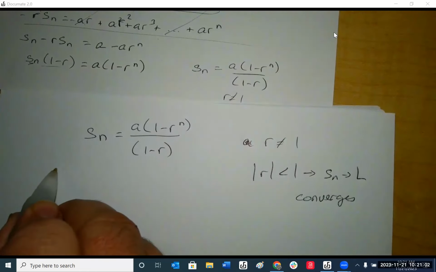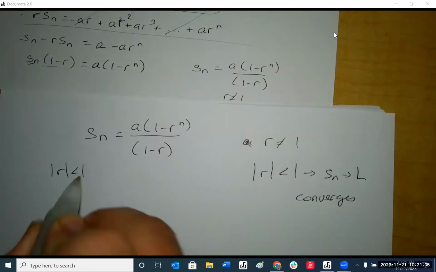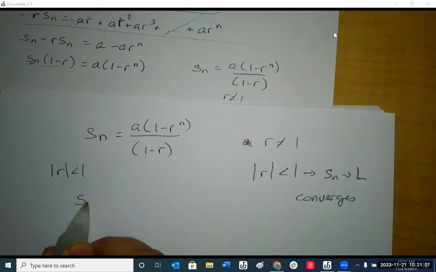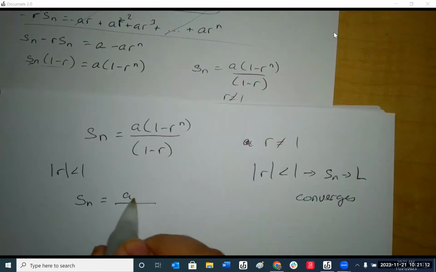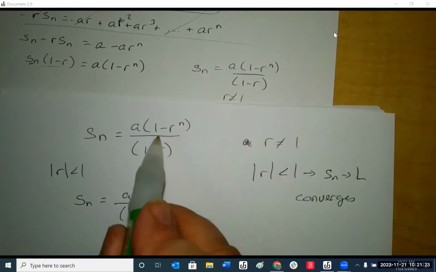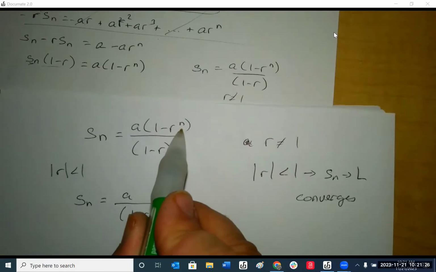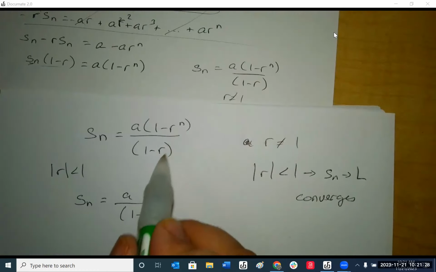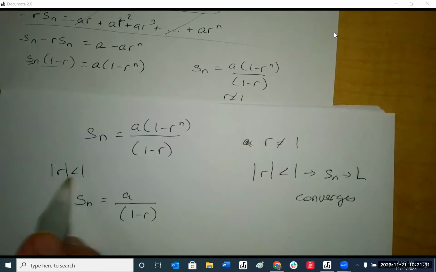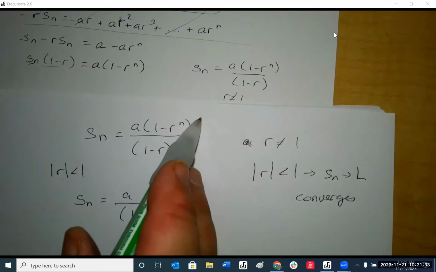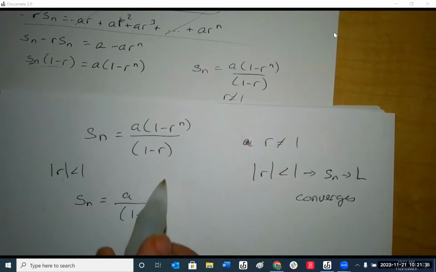So if the absolute value of R is less than 1, then this equation boils down to that. The reason being, as R gets smaller and smaller and smaller, this one disappears faster. So we have this one left over on the bottom.